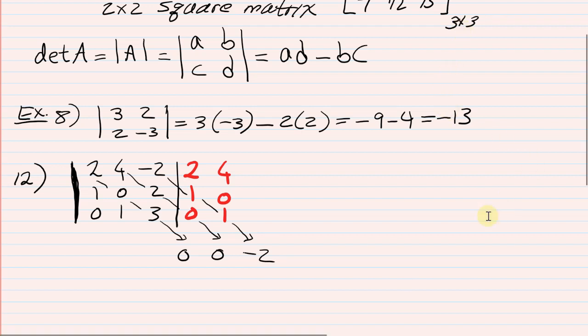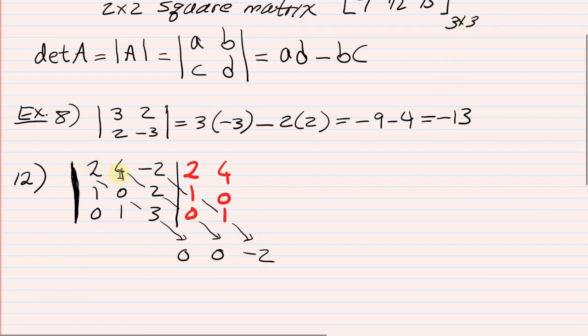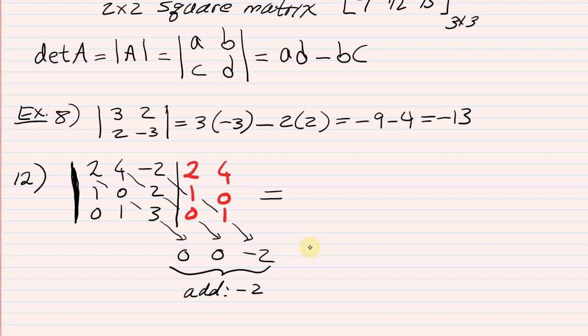Again, we did products going in diagonal in this direction. Now once we have that, next step, we're going to add them, and we get negative 2. So the determinant so far is negative 2.